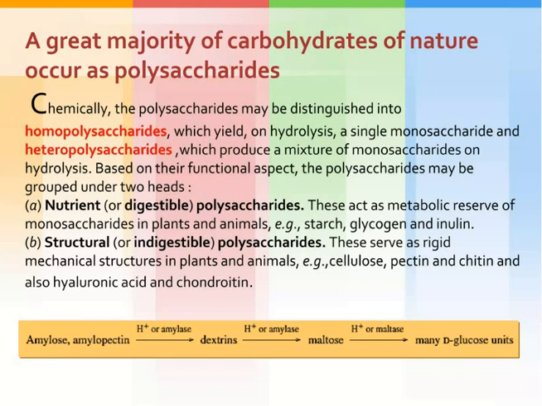What is a homopolysaccharide? One which yields a single monosaccharide on hydrolysis, and a heteropolysaccharide produces a mixture of monosaccharides on hydrolysis. Based on their functional aspect, polysaccharides may be grouped under two heads: nutrient, digestible polysaccharides, and structural, indigestible polysaccharides.